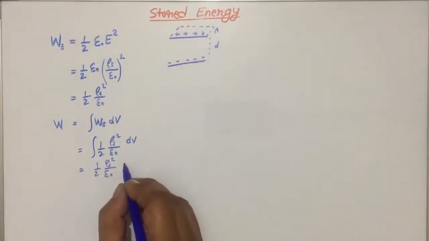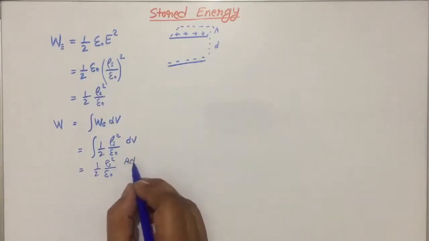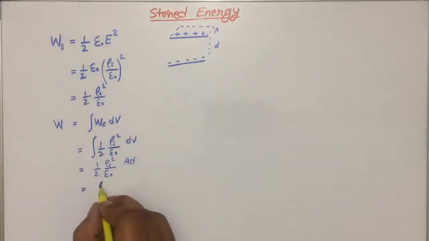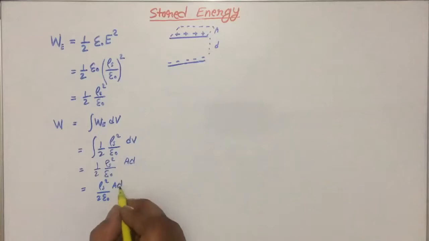So you can say A times D. We can write it like this, and then further it can be rho s square by 2 epsilon naught times AD.